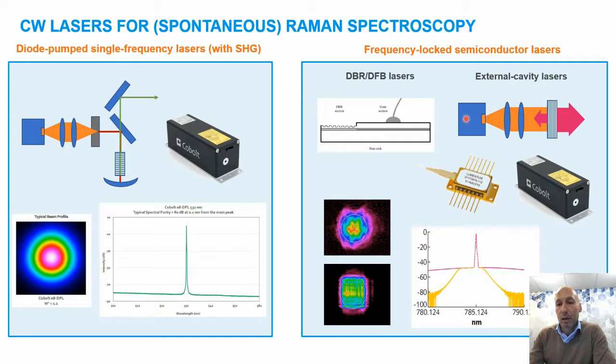This can take the power up to several hundreds of milliwatts or even watt level output power. But then the beams are multimode, looking more like a square like this. But that's usually good enough for coupling efficiently into multimode fibers.